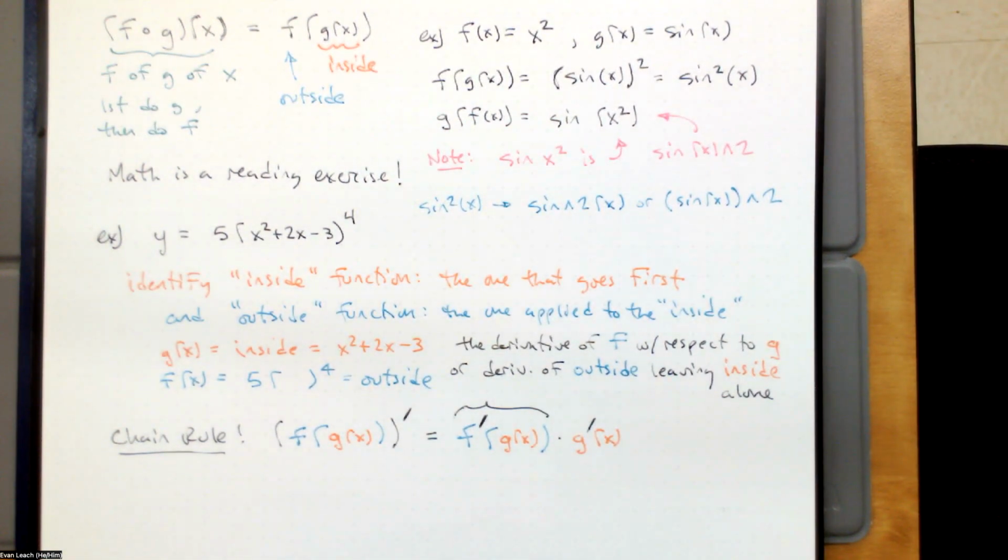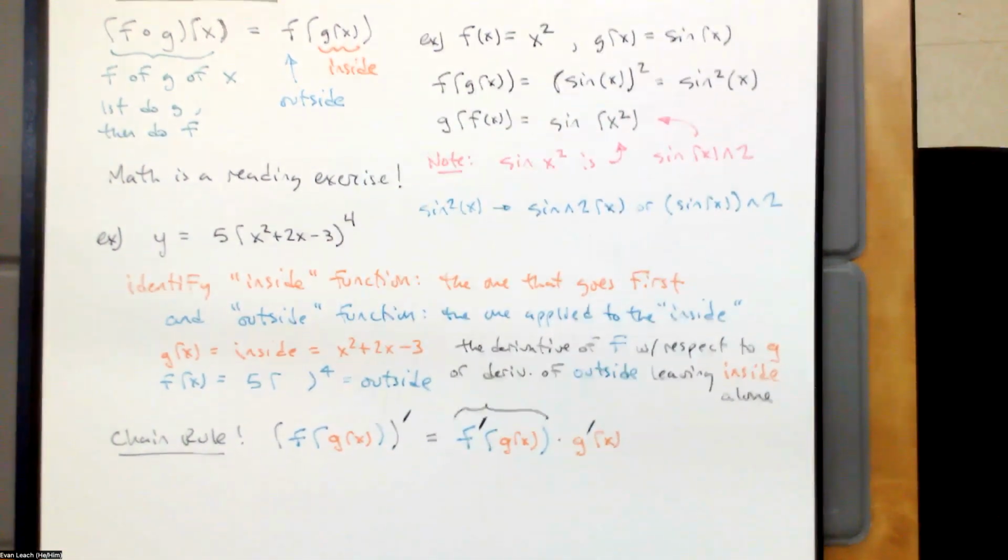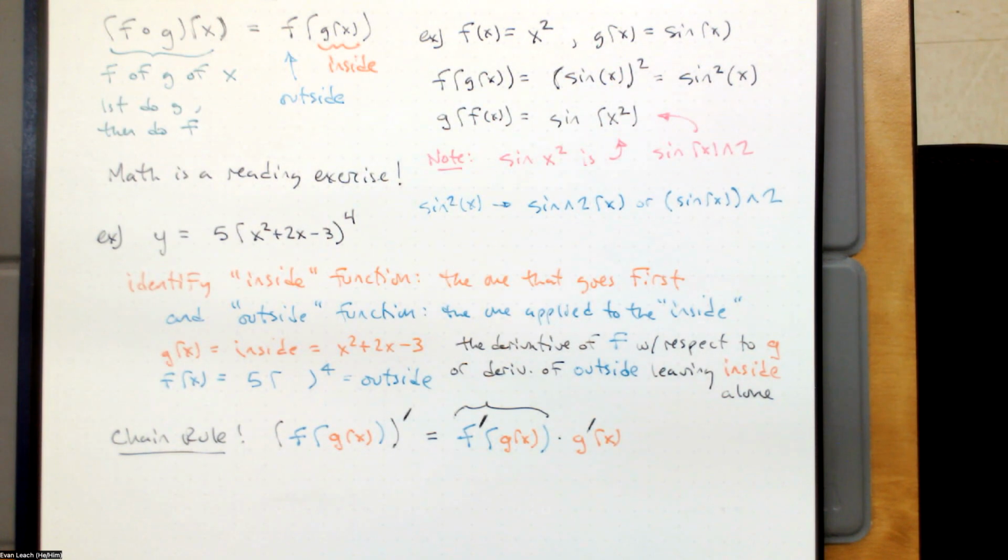That's the first thing. Derivative of f with respect to g, the derivative of the outside, leaving the inside alone. With respect to g means we just leave g as it is. Then multiply by the derivative of g, multiply by the derivative of the inside.